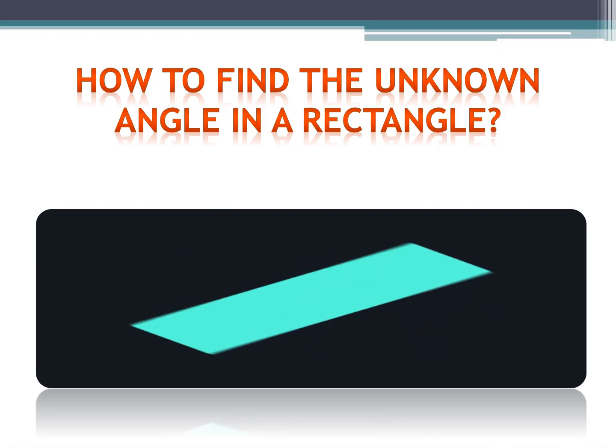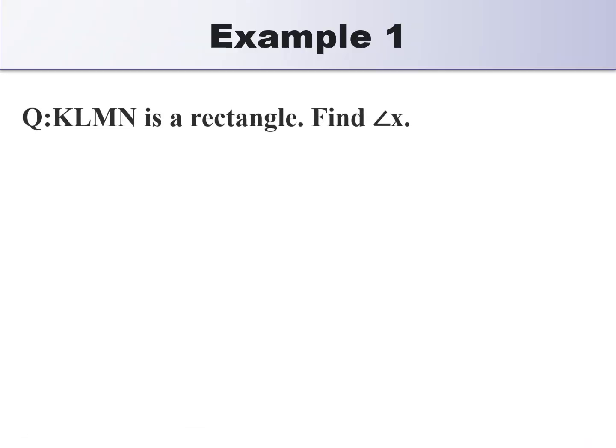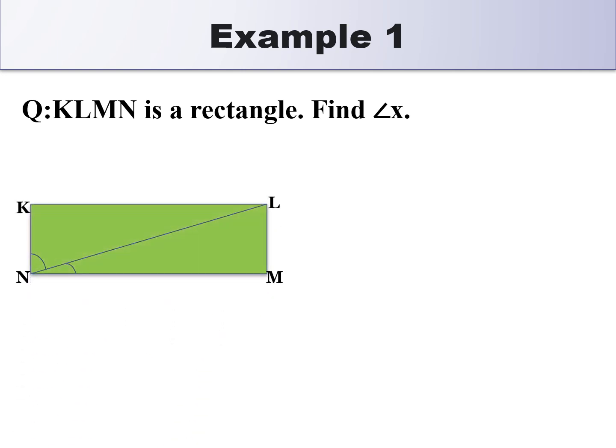Let's learn how to find the unknown angle in a rectangle. Let's take example 1. The question is: KLMN is a rectangle, find angle X. Here you can see the figure of rectangle KLMN.